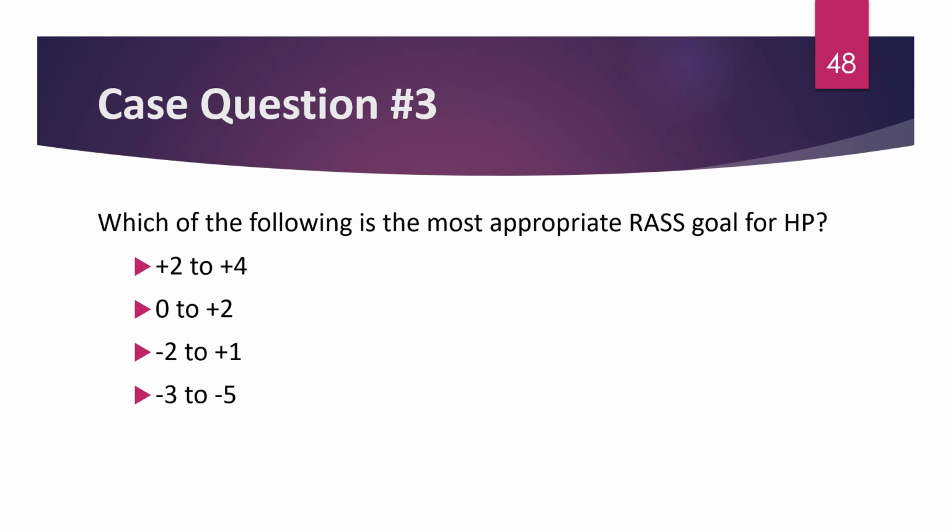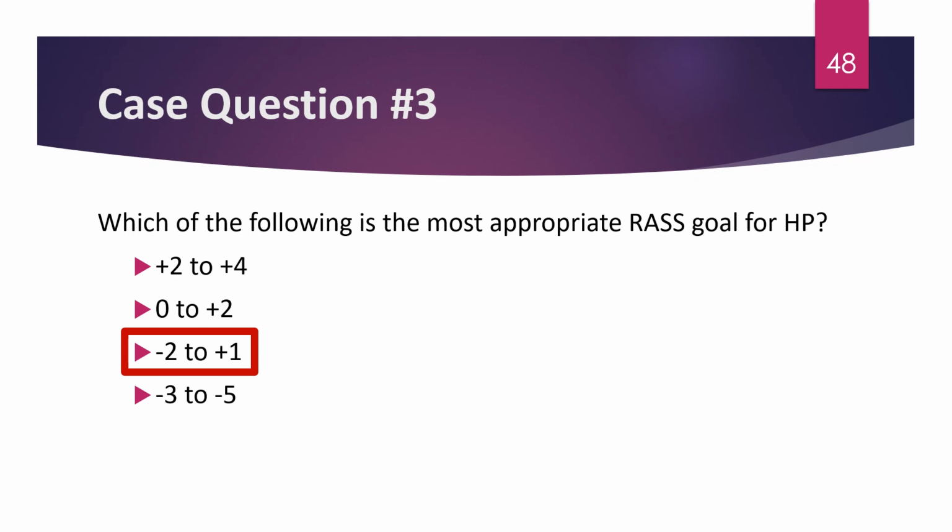And then what is the most appropriate RASS goal for HP? +2 to +4, 0 to +2, -2 to +1, or -3 to -5. So the answer here is -2 to +1. And this would obviously presume that they're being continuously sedated, because we just mentioned that they're going to be continuously sedated.